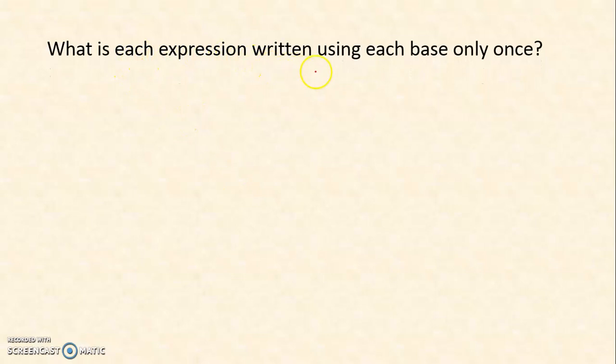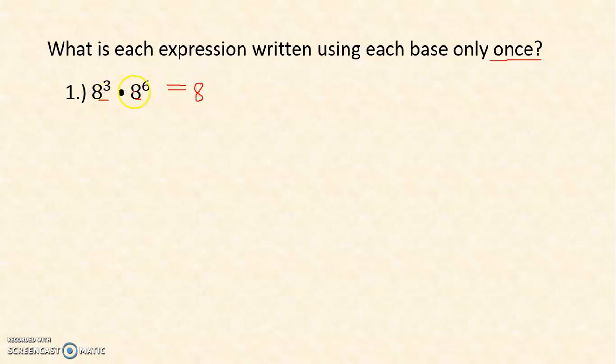What is the expression written using its base only once? Okay? So we have here 8 raised to 3 multiplied by 8 raised to 6. Based on the first law of exponents, they have the same base, just copy it.